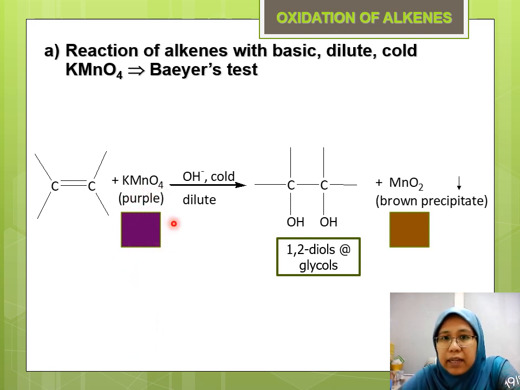And as it undergoes the oxidation, it will form 1,2-diols, or we also call this compound glycols. And it is going to form another byproduct, which is called manganese dioxide. It gives a brown precipitate. So it will give out solid at the bottom of the test tube.